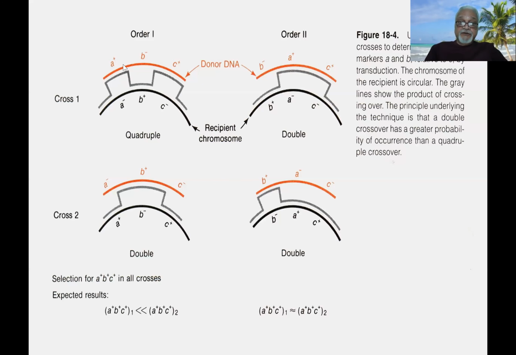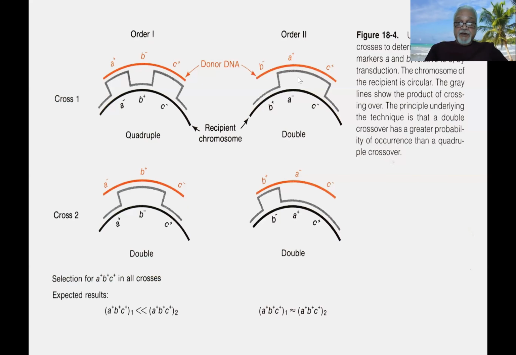So if this is the order, and you get a higher frequency of A plus B plus C plus as compared to this cross, it means this is the order. Among cross 1 and cross 2, if you see more A plus B plus C plus in this as compared to this, then this is the order.